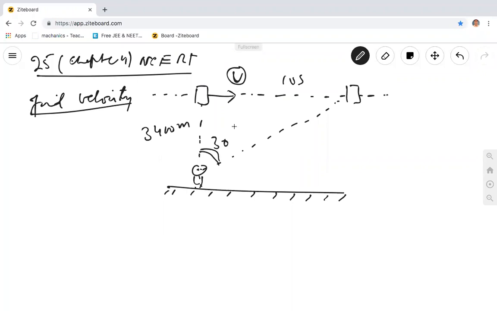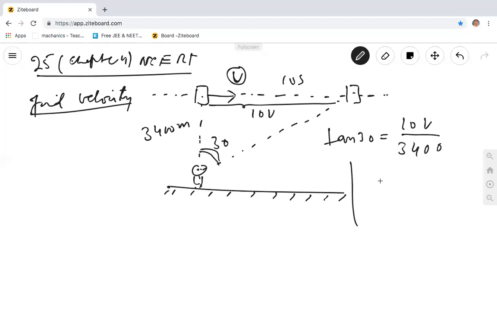Now, see, I will solve this question like this. The angle subtended by the aircraft at the ground is 30 degrees, and within those 10 seconds it subtends this angle. What is this distance? This is 10v, because 10 is the time and v is the speed. If I consider this triangle, I can write tan 30 is equal to perpendicular by base, that is 10v by 3400.